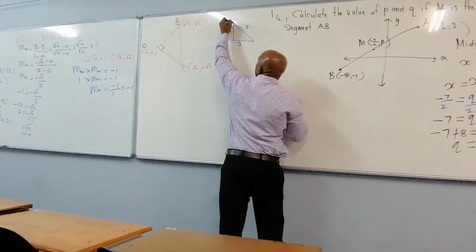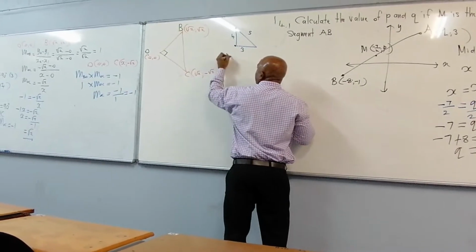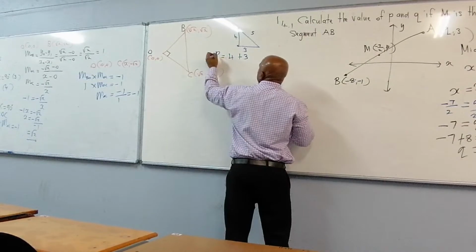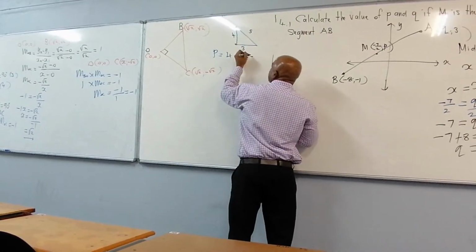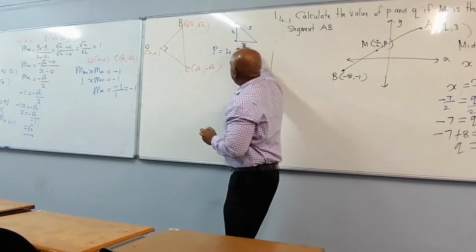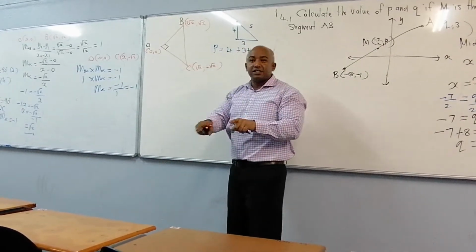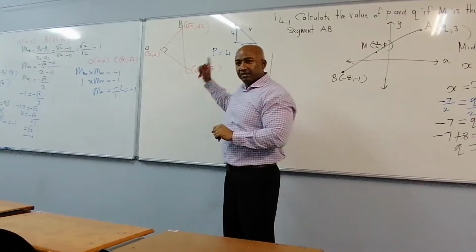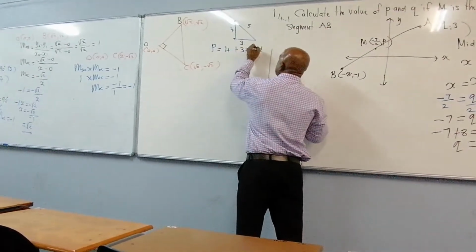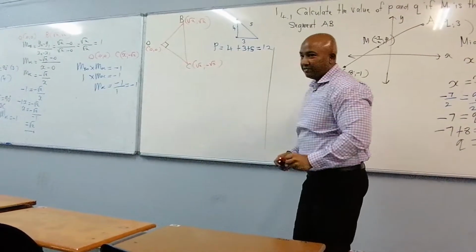So from here to here is 4, plus from there to there is 3. From there to there is equal to 5. Okay. So basically the perimeter is the distance along all the edges of this object. So 4 plus 3 is 7 plus 5 is equal to 12.